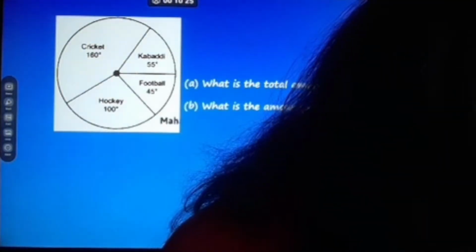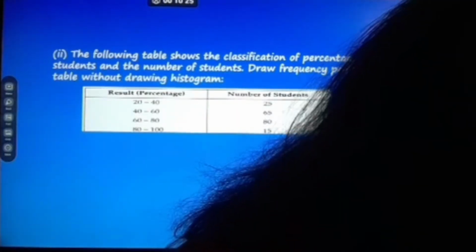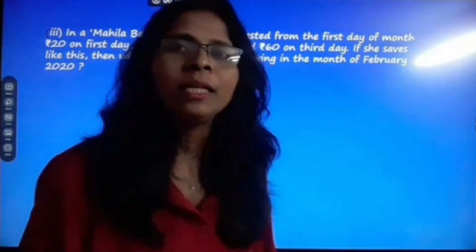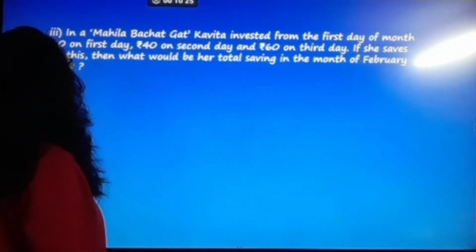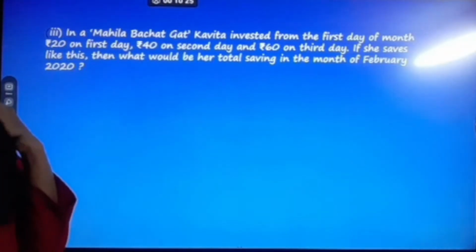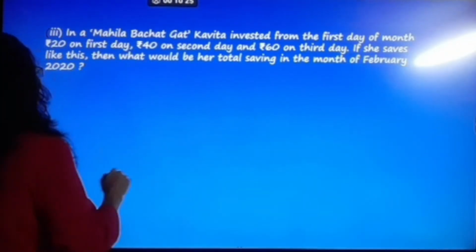The next example is students, in Mahila Bachat Gat. Yes students, this is the right question.